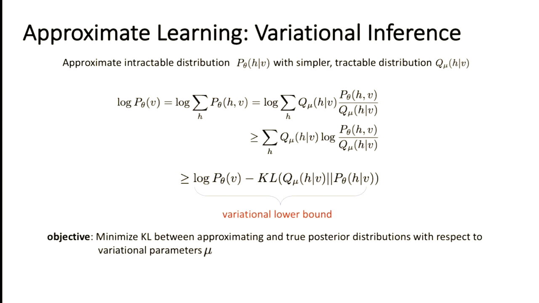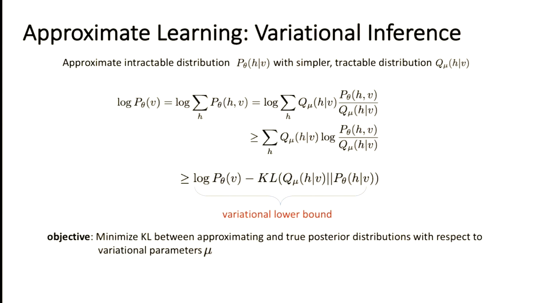This mu is basically what defines our so-called tractable distribution. By the way, this lower bound has an exact solution only in one case, where these two distributions are exactly equal.